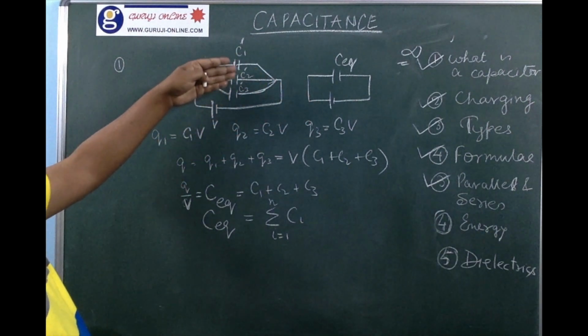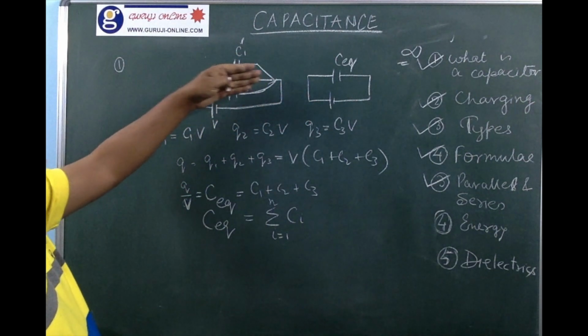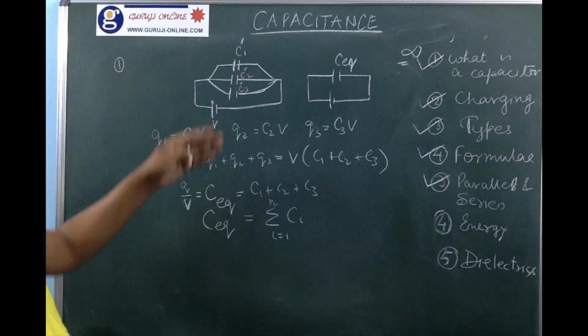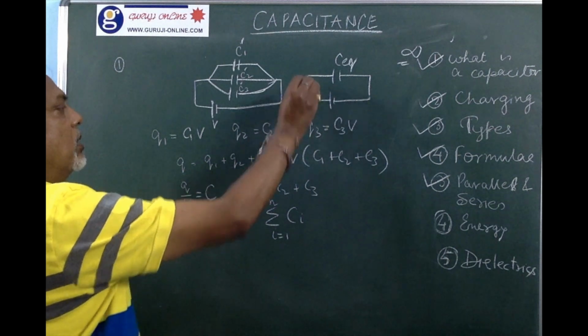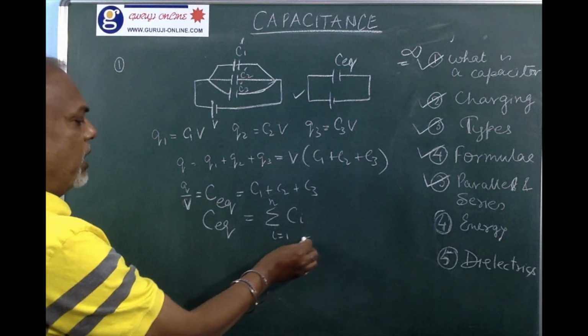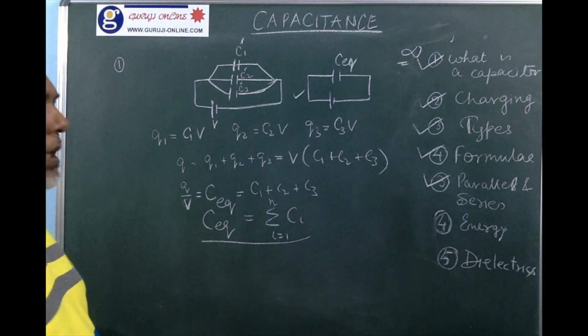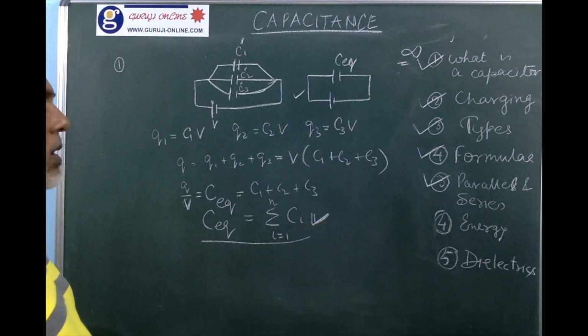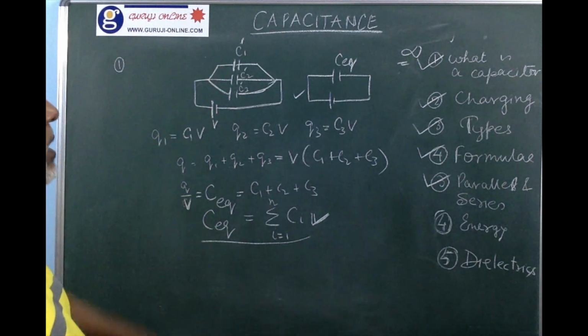Correct? Instead of having all these different capacitors, you can have this. It will give you the total charge. So when they are connected in parallel, this is the formula. You can calculate C equivalent, meaning the equivalent capacitance of all three capacitors.